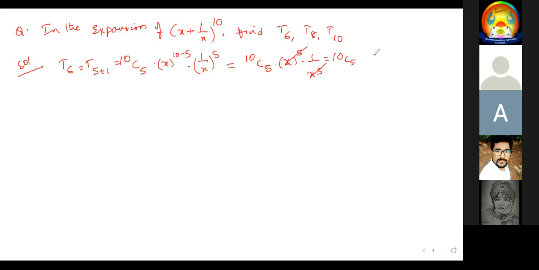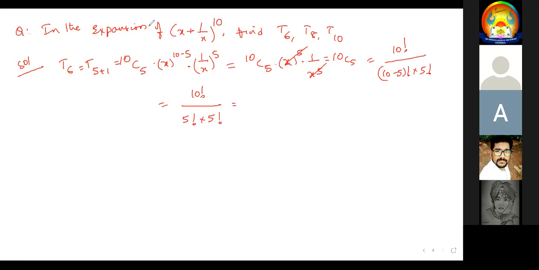10C5. Calculate the value of 10C5. It is 10 factorial by (10 minus 5) factorial into 5 factorial. That is 10 factorial by 5 factorial into 5 factorial.